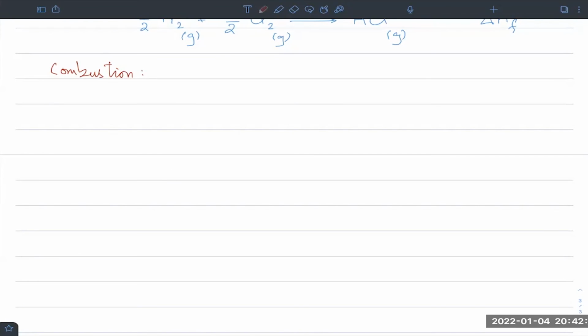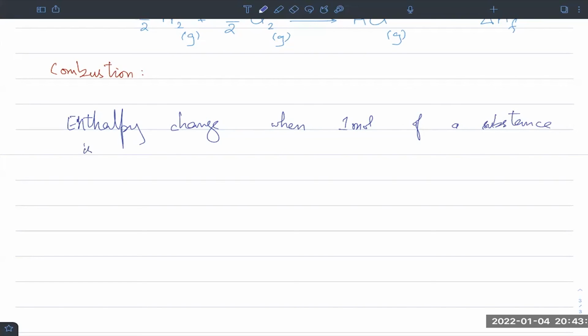And secondly, the standard enthalpy change of combustion would be the enthalpy change when, again, this is the standard part, 1 mole of a substance, in fact, because it can't be an element, is burnt in excess oxygen.